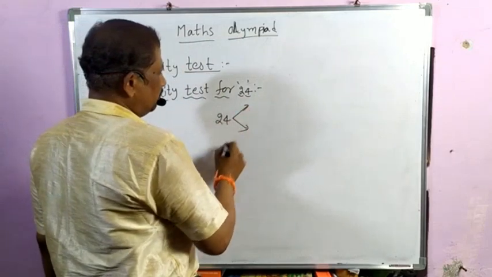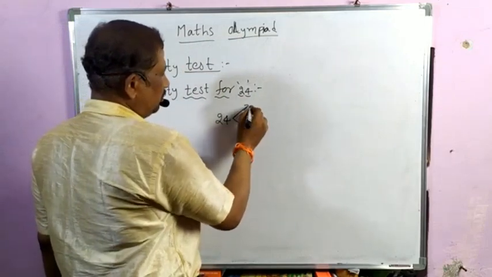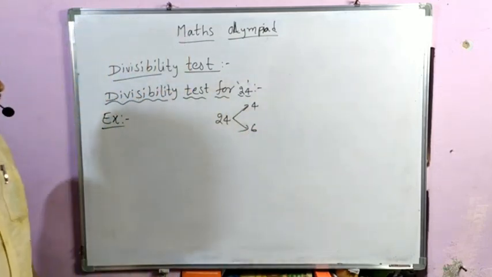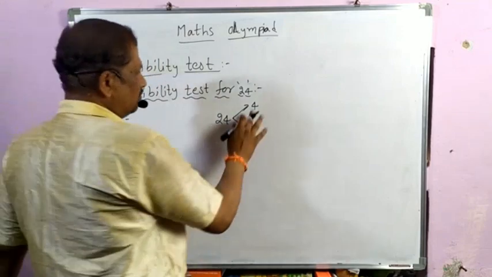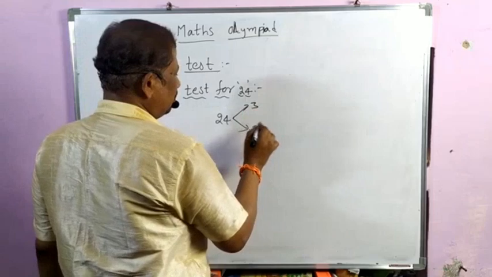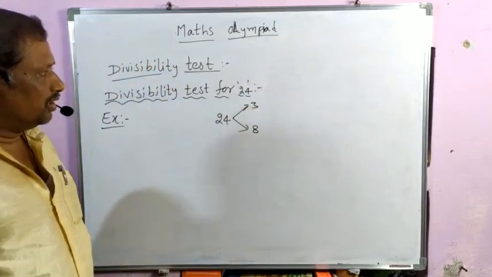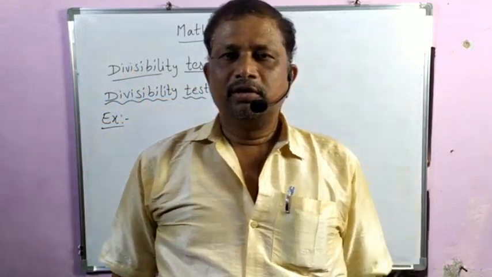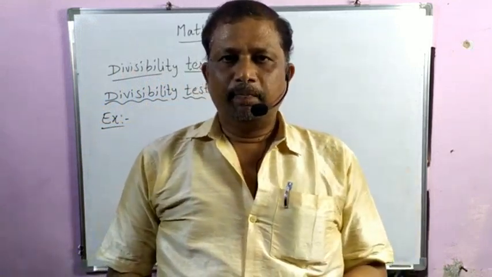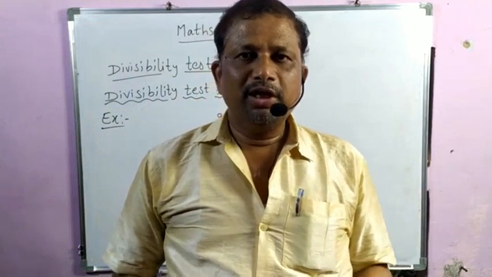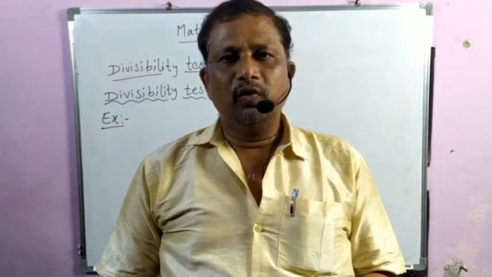So what are the factors of 24? 4 6s are 24. 8 3s is also 24, that also you can do. So what is the divisibility rule for 24? If the given number is divisible by 3 as well as 8, then that number is divisible by 24. Otherwise it is not divisible by 24.